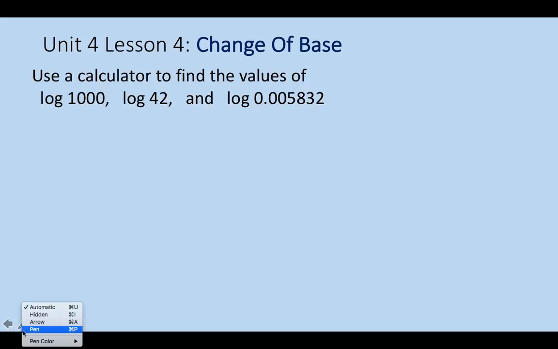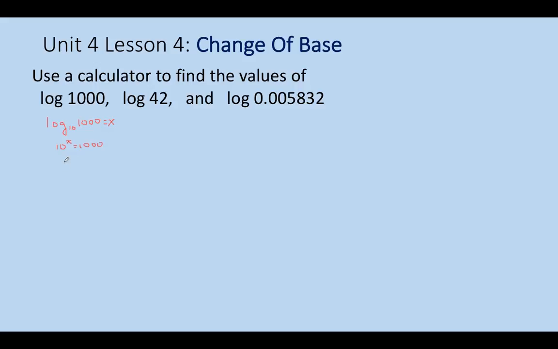All right, so quick few little things. You're going to be using your calculator today. So log of 1,000. Well, hopefully you could probably do this one without a calculator. You know that this is the same thing as log base 10 of 1,000. And so this is like saying 10 to the what power equals 1,000.